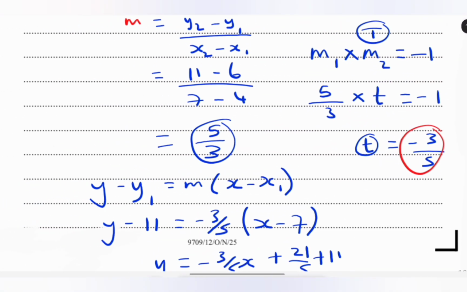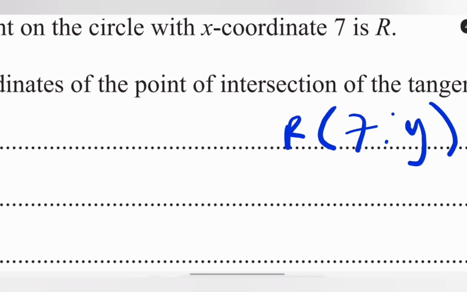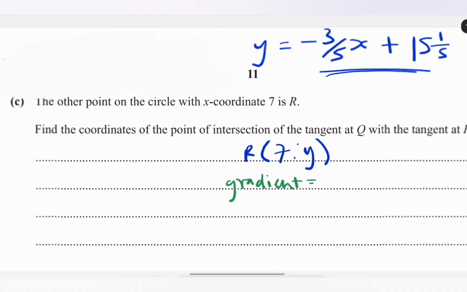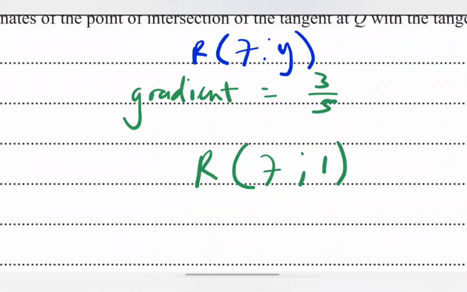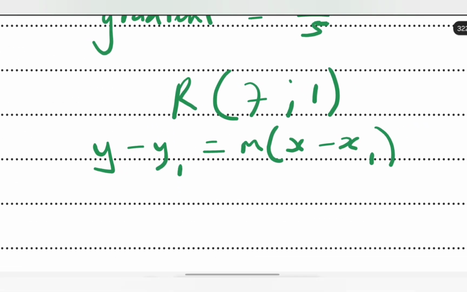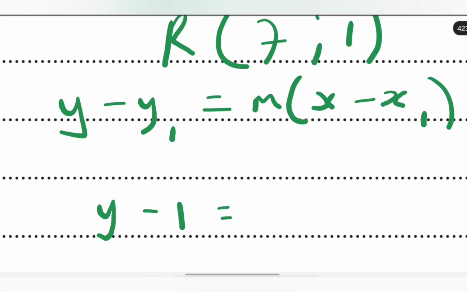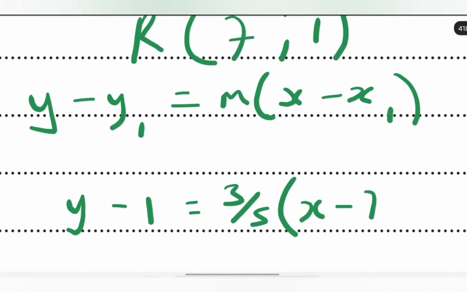Here we found the gradient to be -3/5. So the gradient of the tangent passing through R is going to be 3/5, and for the equation of the tangent, again we're going to use y minus y1 is equal to m(x minus x1). Now y minus the y coordinate, which is 1, is equal to 3/5 times x minus the x coordinate, which is 7.